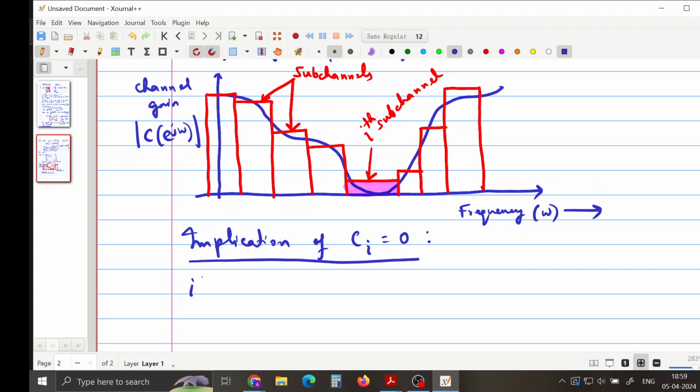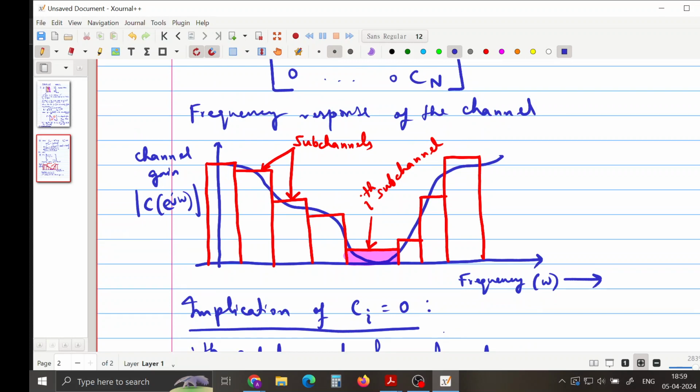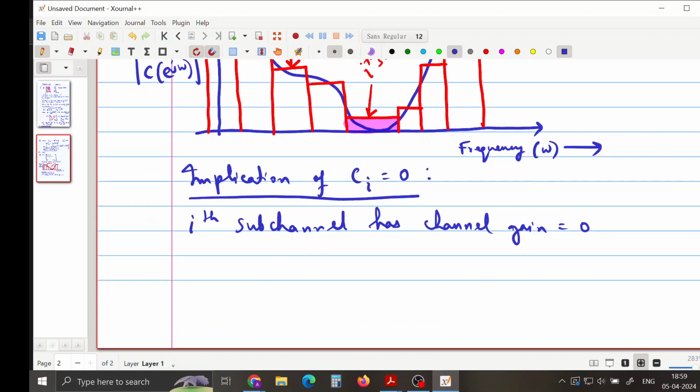Which means the ith subchannel has channel gain equals 0, as can be seen from the above diagram. So if the channel gain is 0, it means no signal is received at the receiver, right?